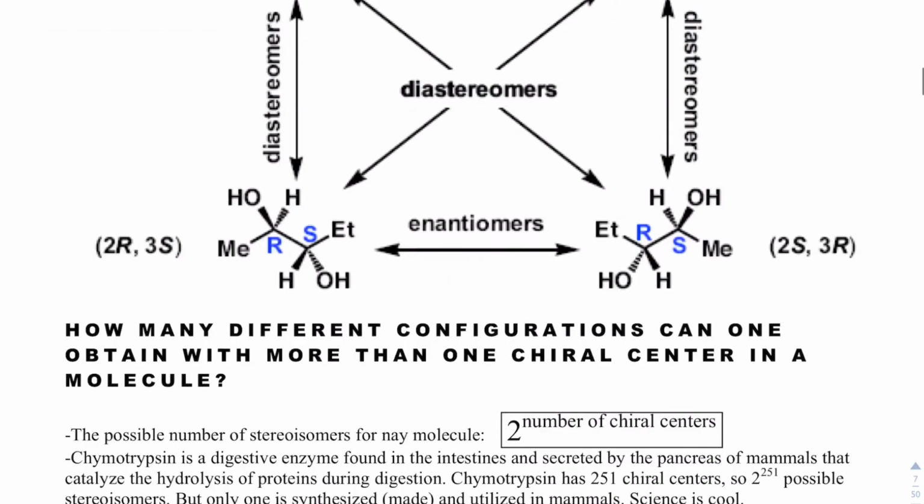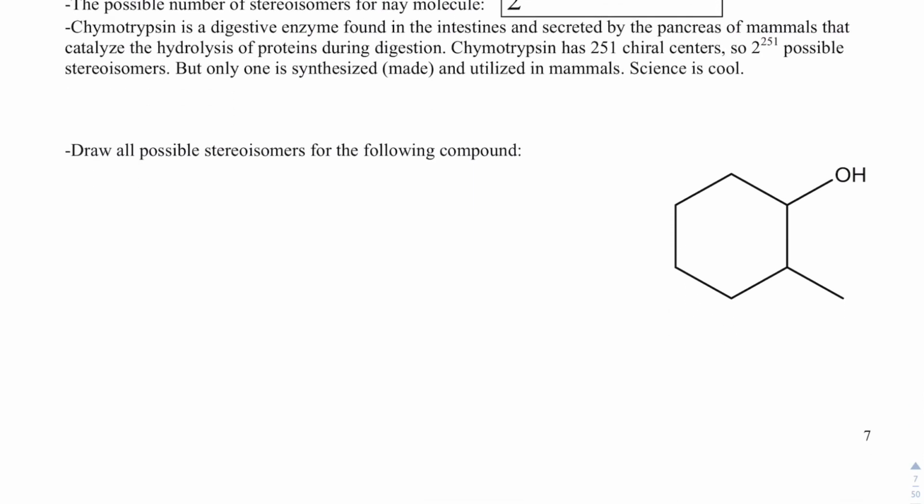Let's see what this might look like. Let's say this is what we have, a wedged alcohol group and a dashed methyl group. If I drew an enantiomer, I would get a dashed alcohol and a wedge methyl, okay?